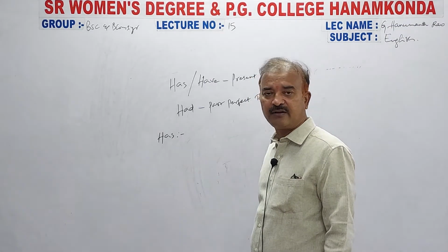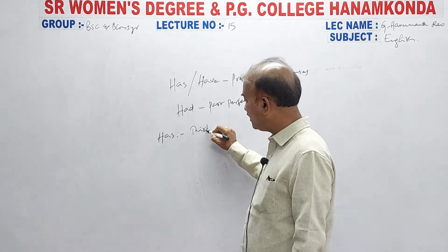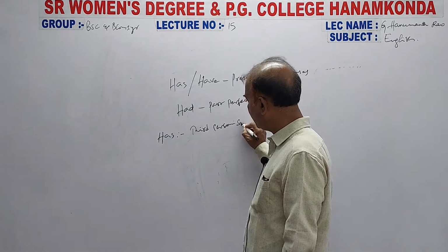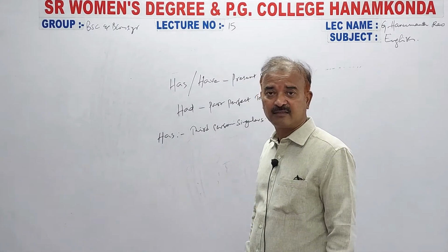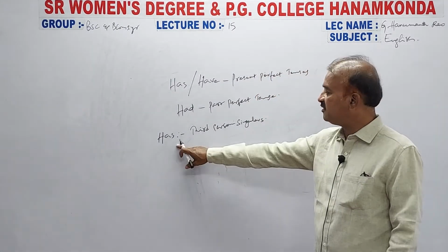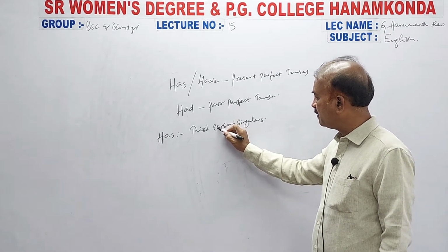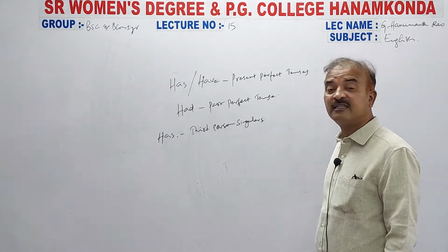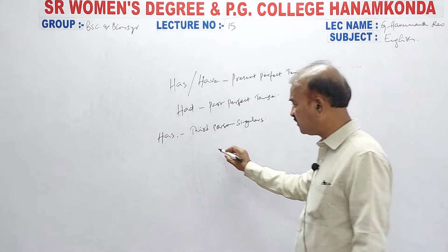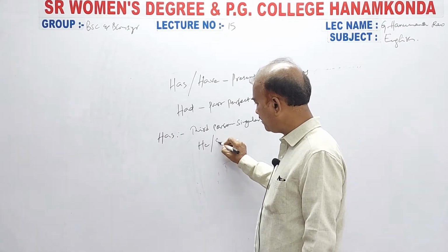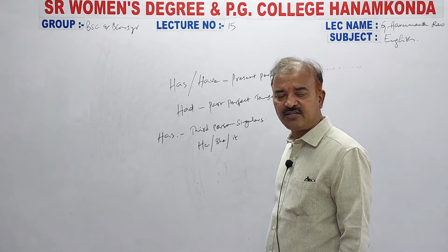Has should be used for third person singulars. Now what are the examples for third person singulars? Check this one. He, she, it.